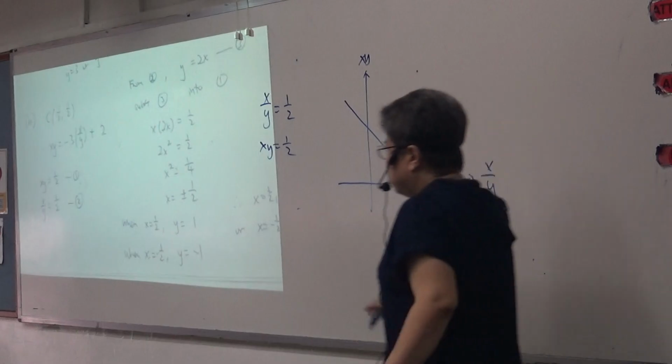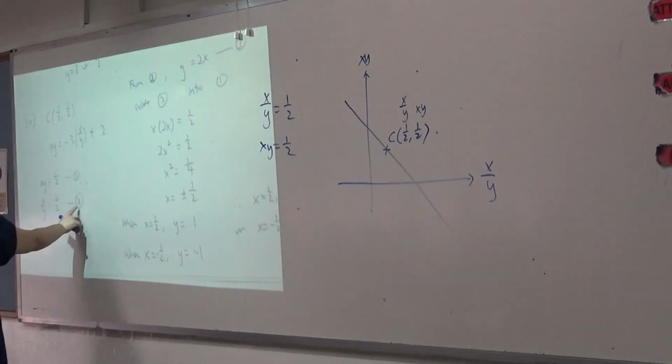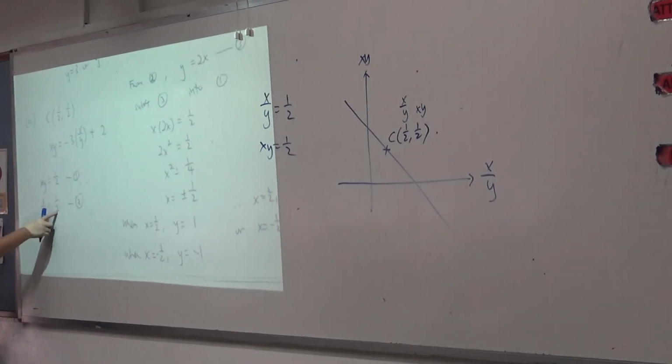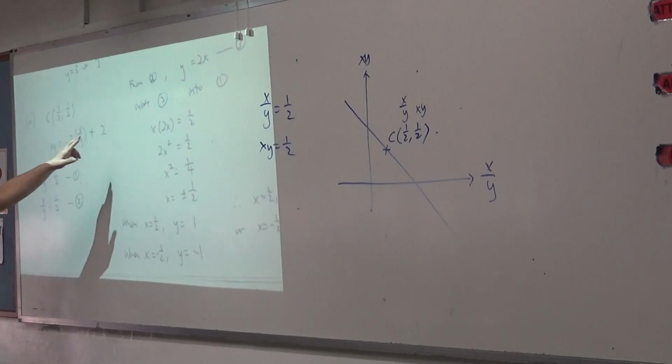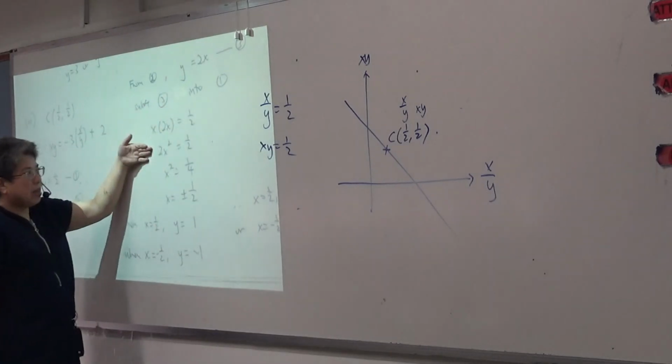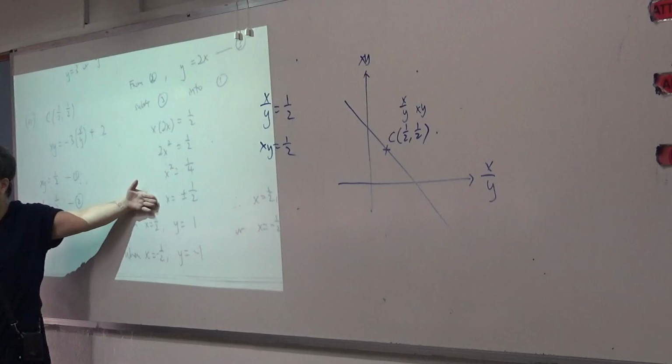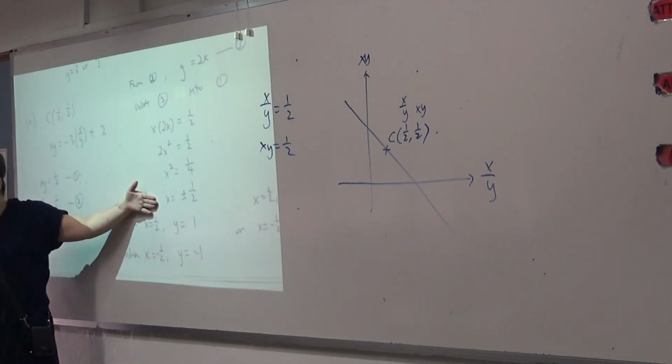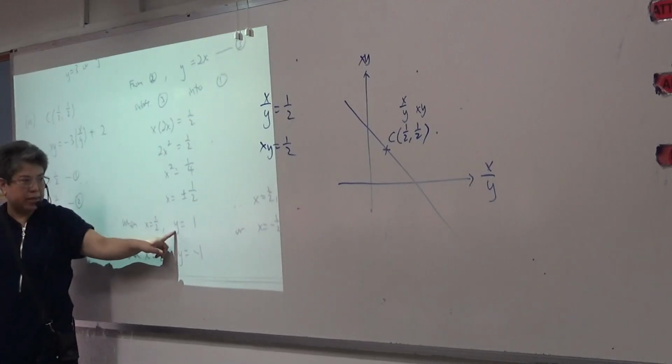From equation 2, can you see that y is 2x? I cross multiply. Can you see it? So y is 2x, right? So I'll substitute equation 3 into 1. I have this. So x is plus or minus half. Understand? Then I solve. When x is half, y is 1.